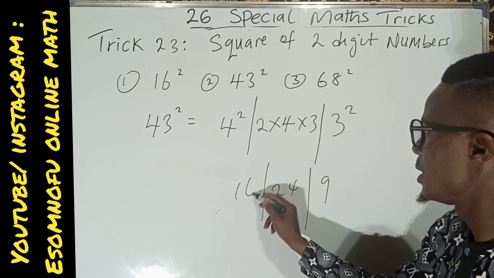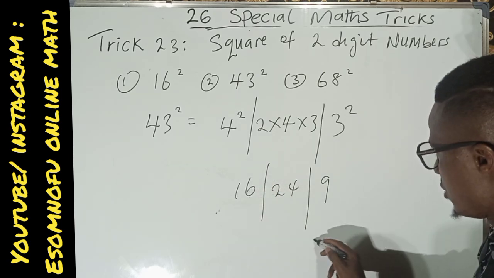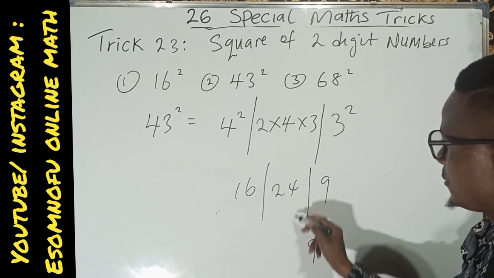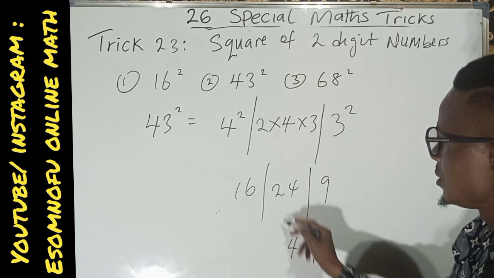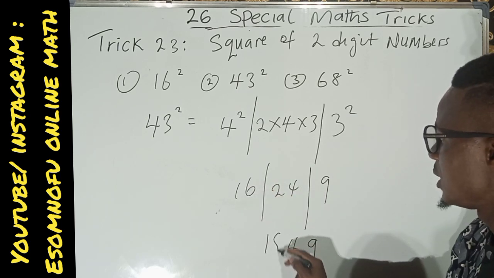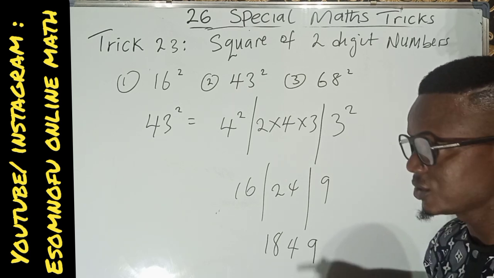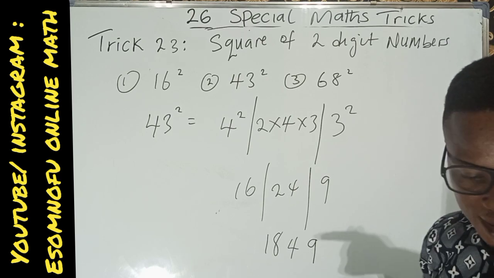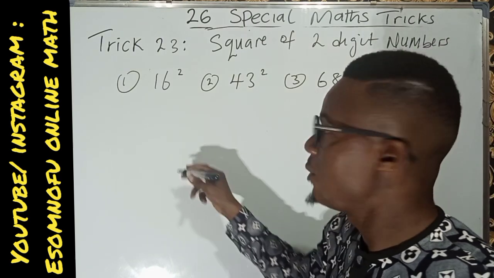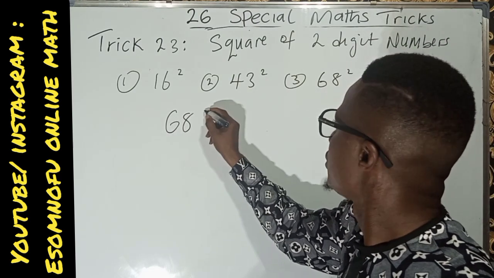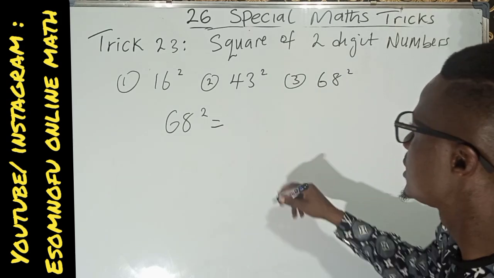And 4 squared is 16. You write 9. 24, you write 4, carry 2. Add that 2 to 16, it becomes 18. Therefore, the square of 43 is 1849.